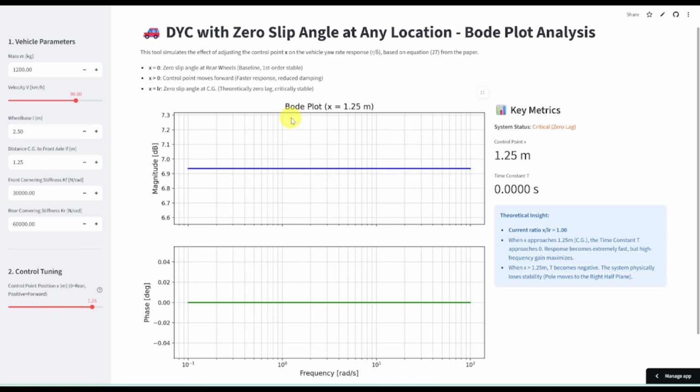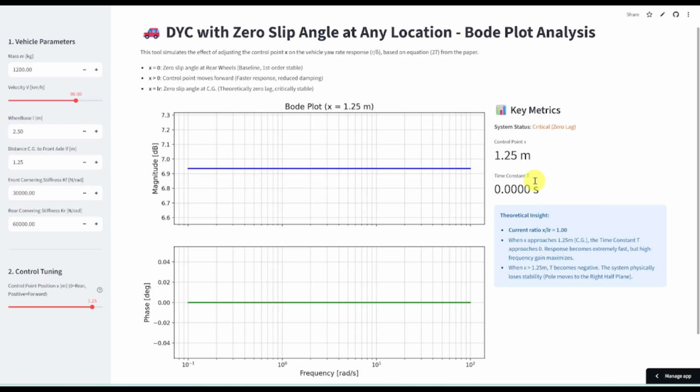In the middle, we see the Bode plot generated based on the position of x. As x moves from the rear axle toward the center of gravity, the system's yaw rate gain increases continuously. When x is at the center of gravity, the yaw rate gain reaches its maximum. Furthermore, the phase becomes a straight line and the response time is 0.